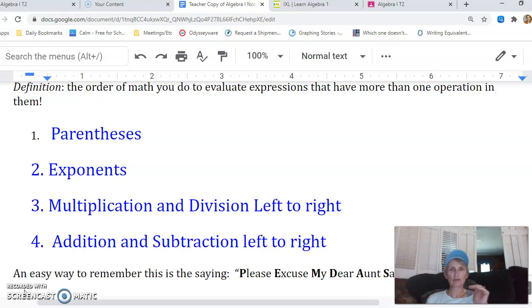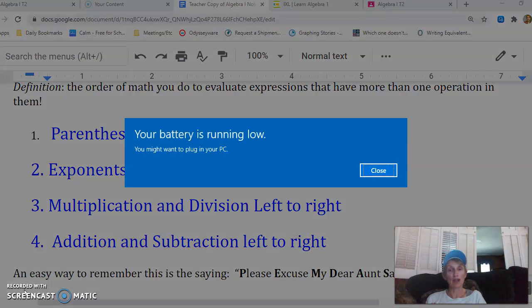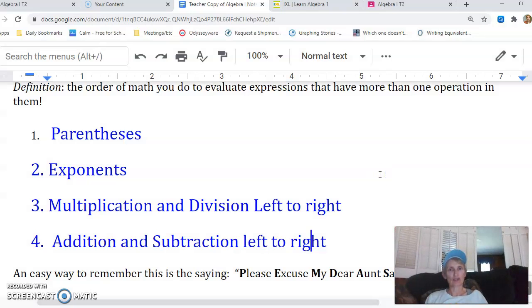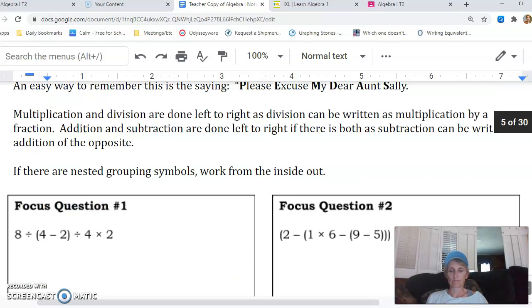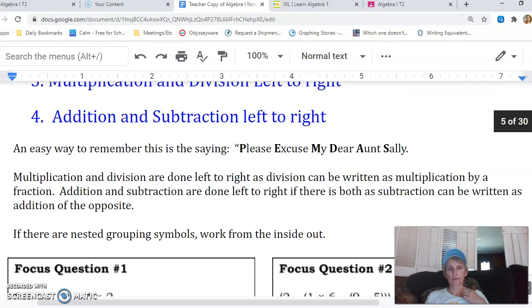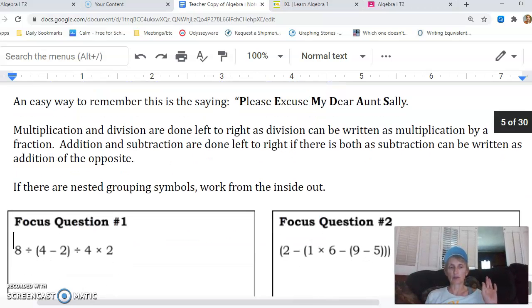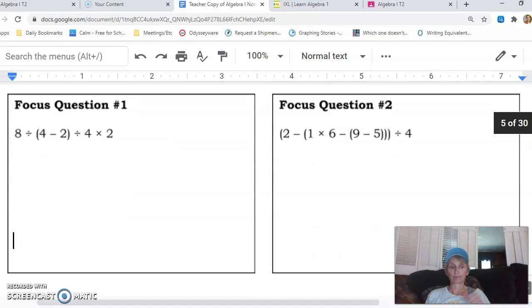So multiplication and division are considered equal operations, and we go from left to right. And addition and subtraction, equal operations, move from left to right. If there are nested grouping symbols, as in parentheses, different shapes, work from the inside out.